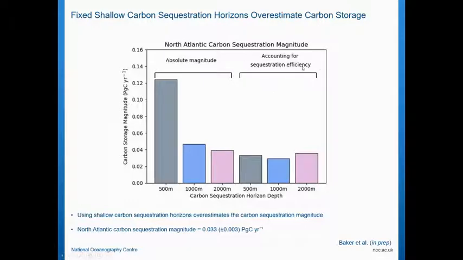Then, using this gridded sequestration efficiency, I've accounted for this and scaled back the carbon storage estimates, and you can see that they're actually much lower. The point here is that using these shallow and also these fixed carbon sequestration horizons can overestimate the carbon sequestration magnitude.